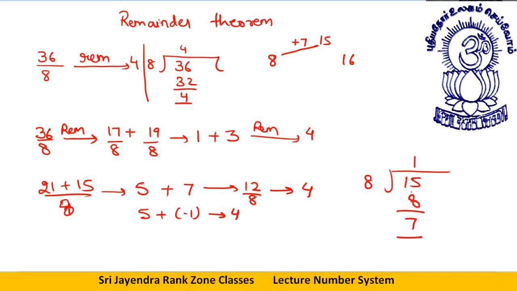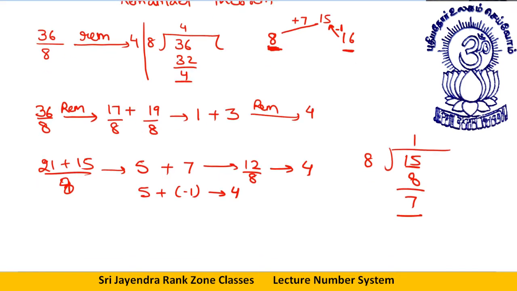It means 15 is 7 more than 8. 8 is a multiple of 8, 16 is also a multiple of 8, but 15 is 1 short of 16. So 15 is 1 short of a number that is a multiple of 8. So I can say remainder minus 1. So this is equal to 4.